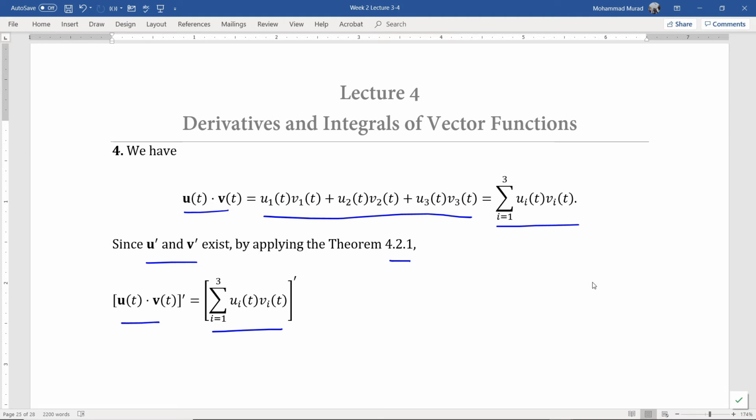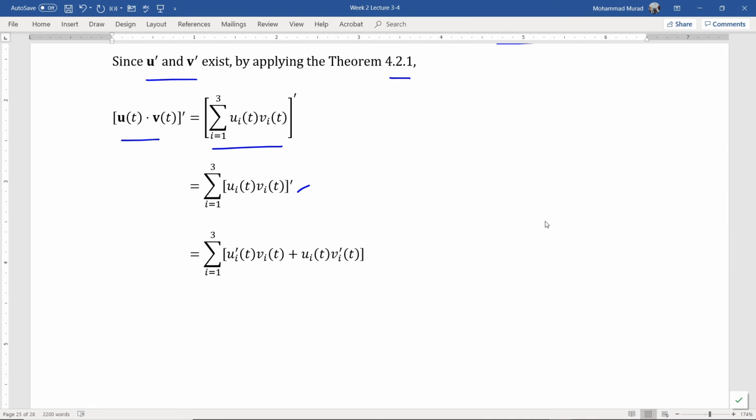Now, for the scalar functions, the derivative of the sum is the sum of the derivatives, which gives this step. Now, by applying the product rule in the case of the scalar functions, we get this step. And then splitting the summation over these two terms, we get the next step.